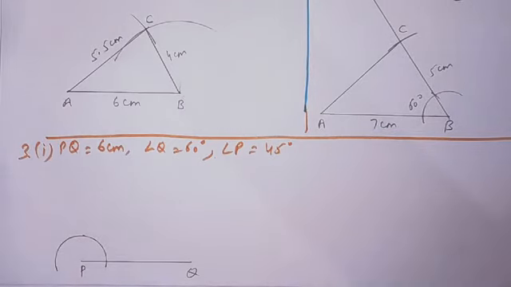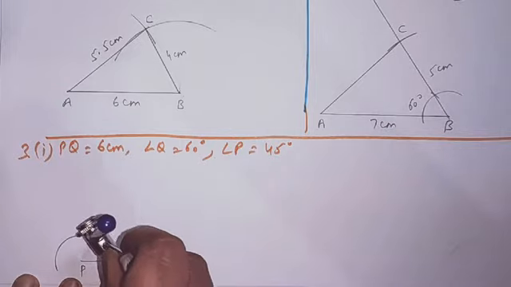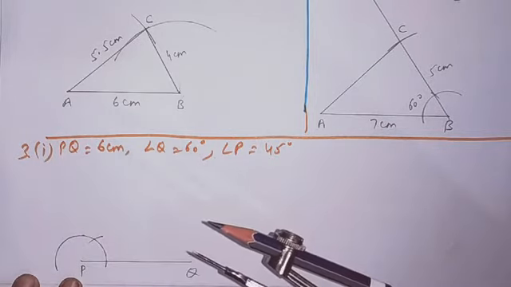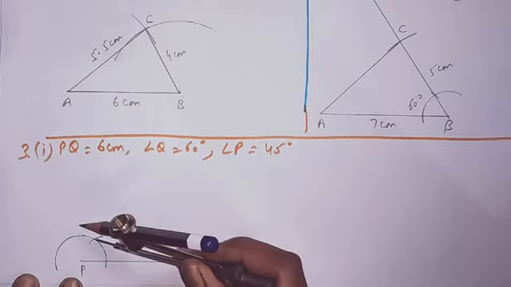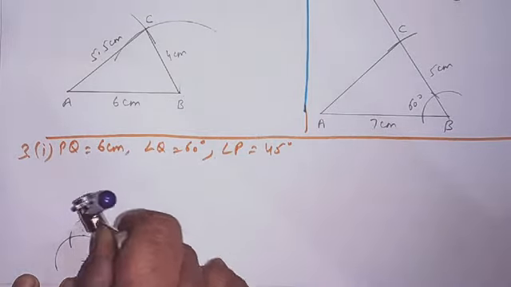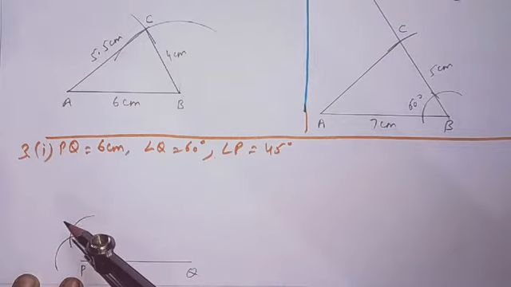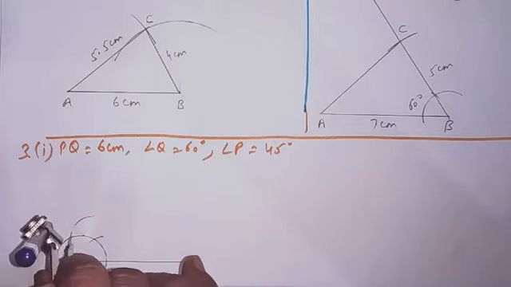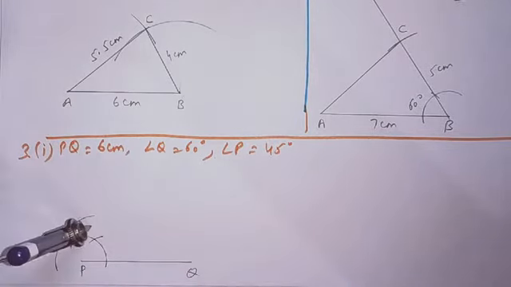Okay. Now I will place the tip of the compass here and mark one arc here. Same length. I have not touched the compass. Then again at this point, I will again put an arc. From here up, I will put an arc. And from here again, I will cut this arc. Okay.